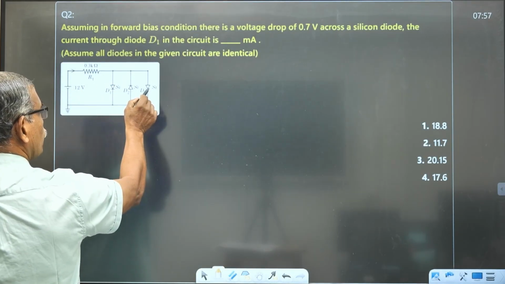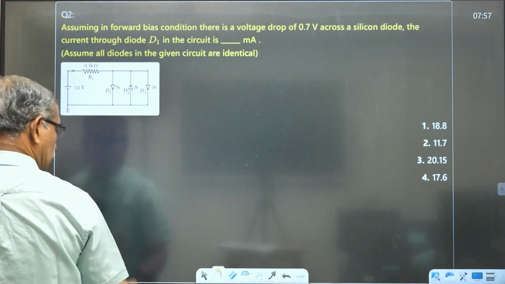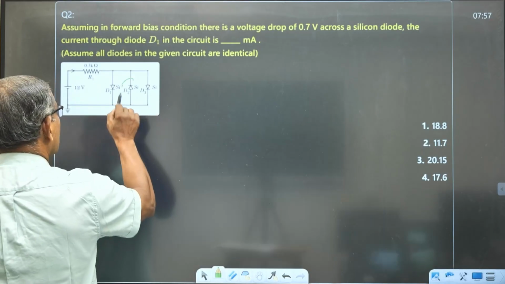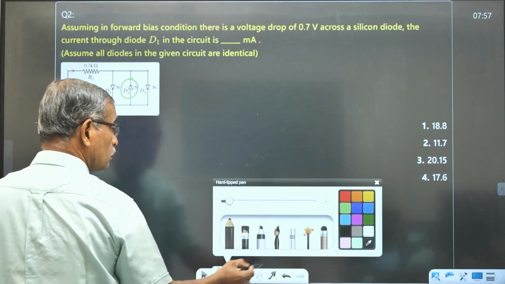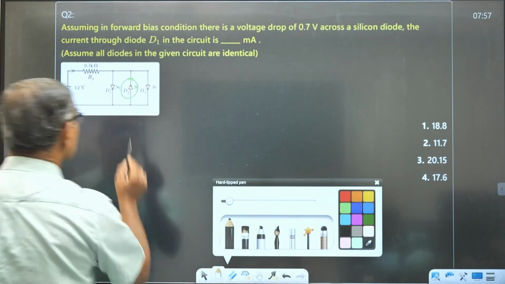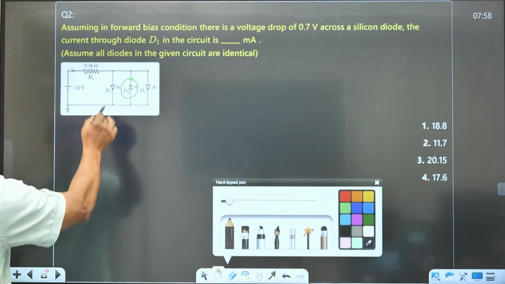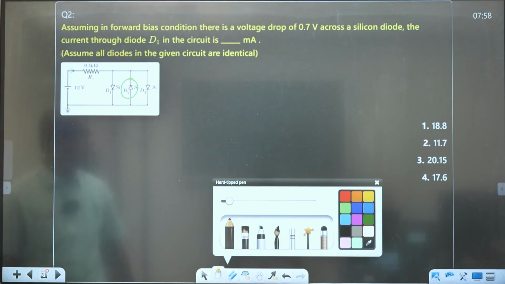This one is also forward bias. This one is reverse bias, and that won't conduct. So conduction takes place through D1 and D3, and D2 won't conduct because it is reverse bias.